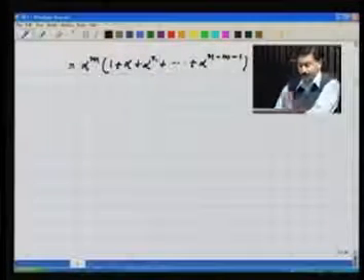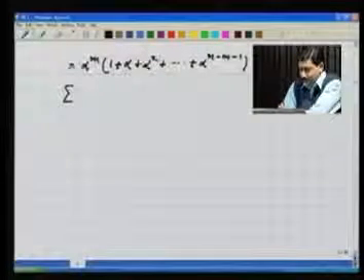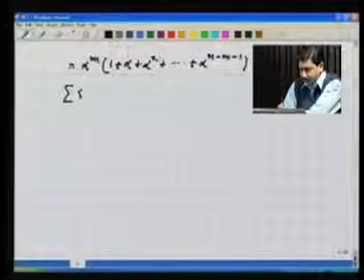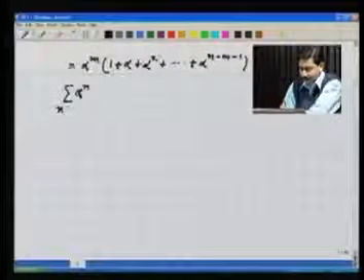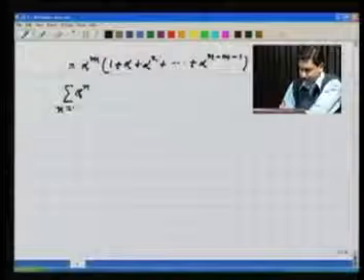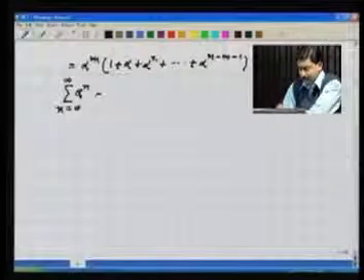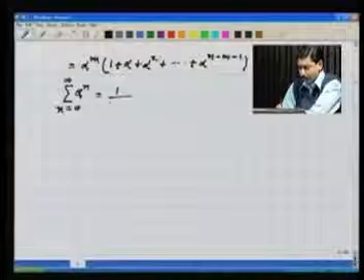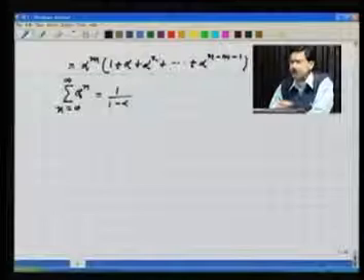Now notice that summation alpha to the power n, starting from 0 to infinity, is nothing but 1 by 1 minus alpha. This is just a geometric series.